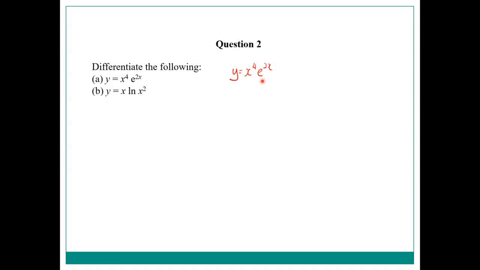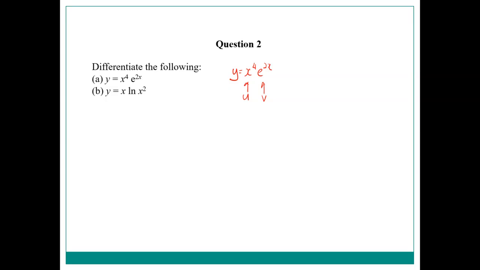So in this case, I must apply the product rule in order to find dy/dx because I have a function multiplied with another function. What is my u? Of course, it is x^4. And what is my v? e^(2x).